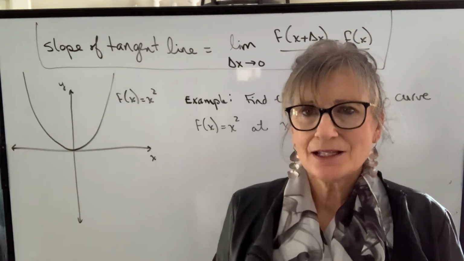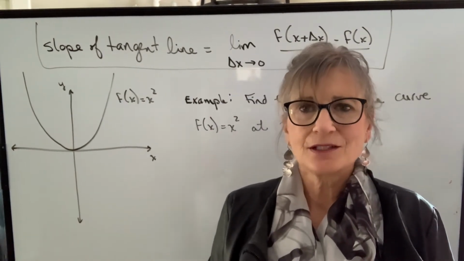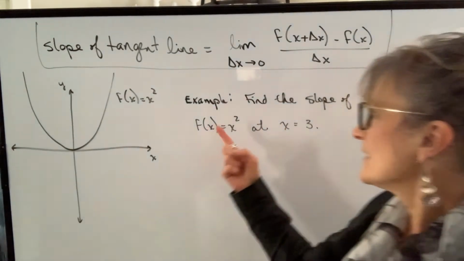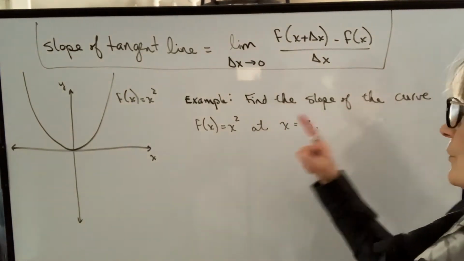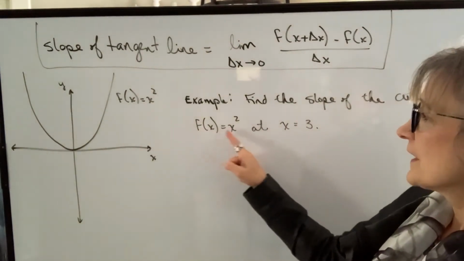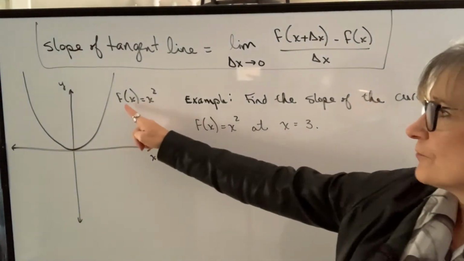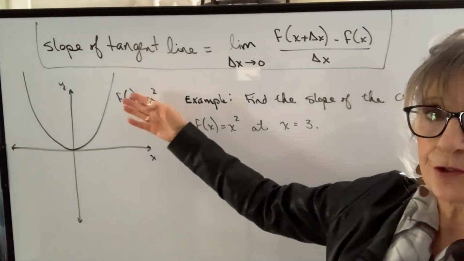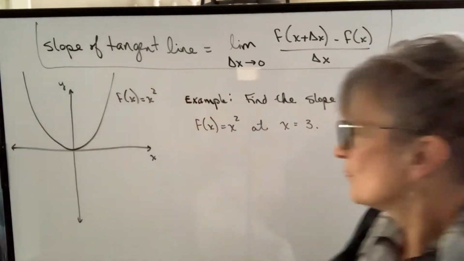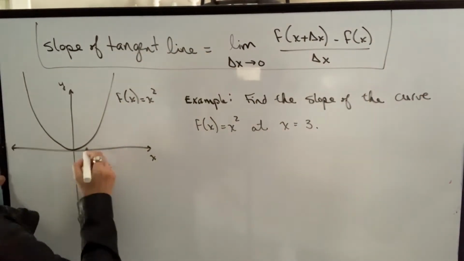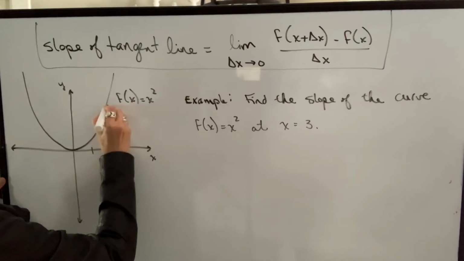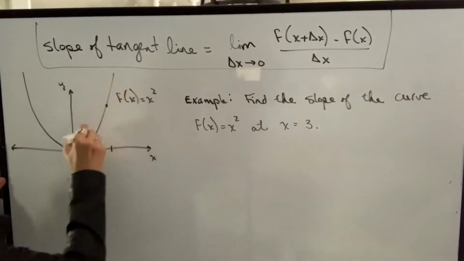So let's take that definition and apply it to an example. My example says, find the slope of the curve f of x equals x squared at the point x equals 3. So I've drawn y equals x squared, or we can call it f of x equals x squared, and I want to find the slope of the curve at this point here.